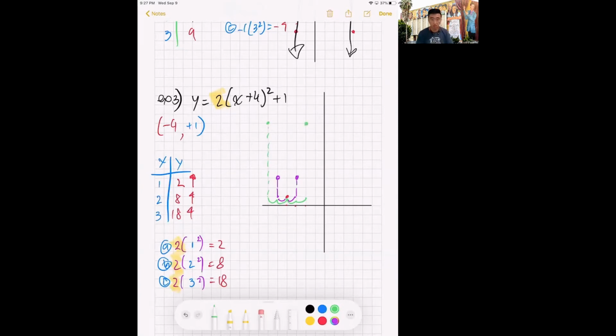Okay, so you get super skinny. And 18. Let me see. 1, 2, 3. 1, 2, 3, 4, 5, 6, 7, 8, 9, 10, 11, 12, 13, 14, 15, 16, 17, 18. Woo, it's way up there.